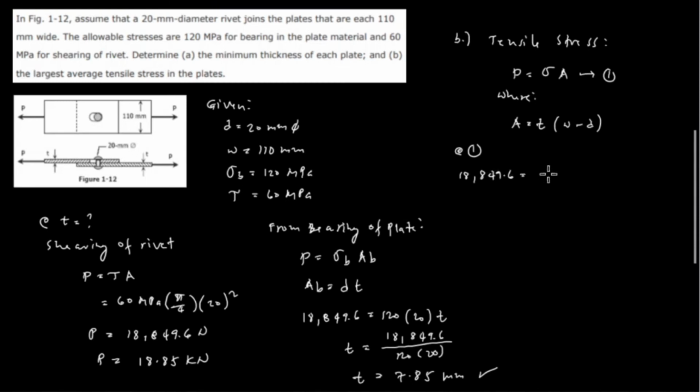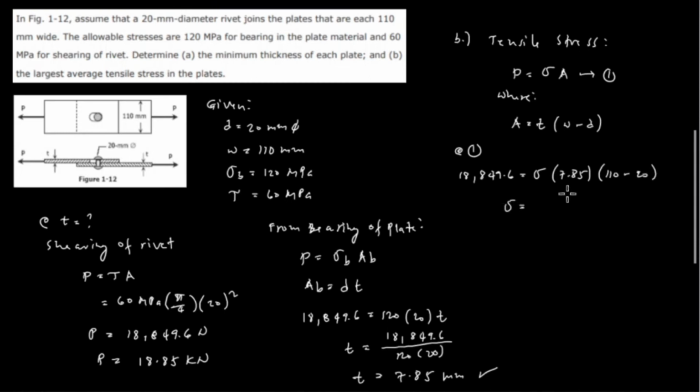18,849.6 is equal to the tensile stress multiplied by the area T, and the thickness is 7.85, multiplied by the width of the plate, which is equivalent to 110, and subtract the bolt diameter, which is 20 millimeter.